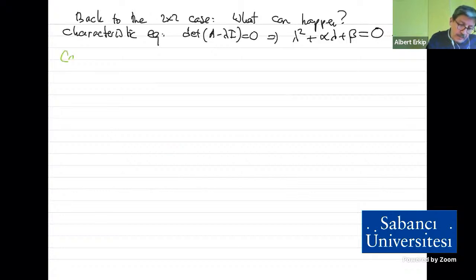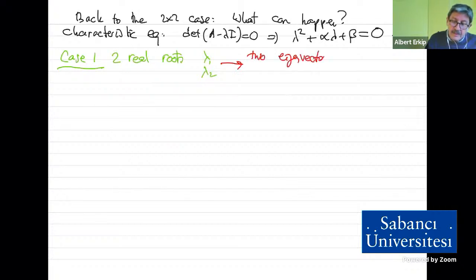Case 1: I have two real roots, lambda 1, lambda 2. Then I have two corresponding eigenvectors, x01, x02.